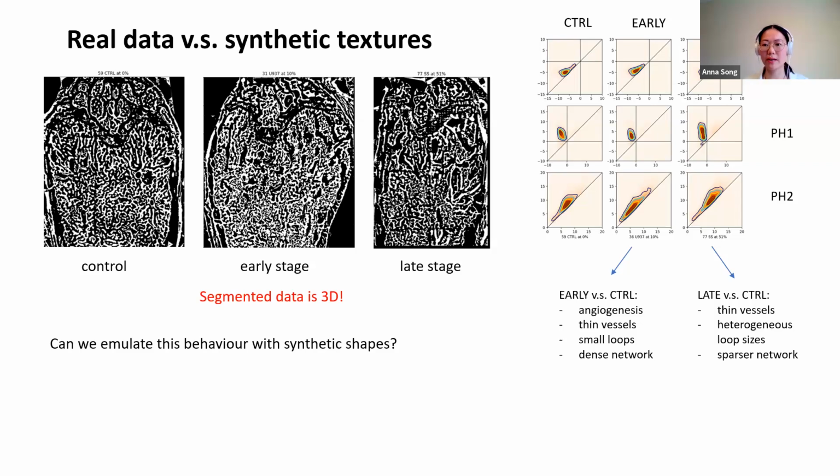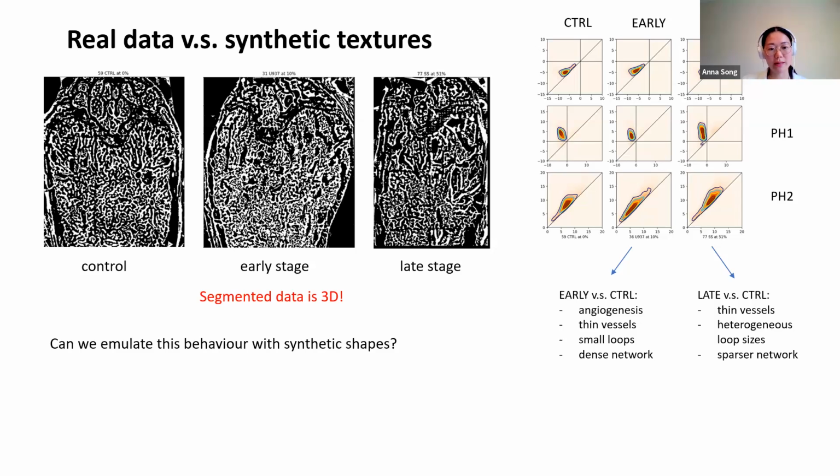And when you look at the diagrams, even if the differences are quite subtle, still you can extract some useful information. For instance, in the early stage, you have a lot of angiogenesis happening, so mostly thin vessels, small and dense loops. In the later stage, you still have thin vessels, but with much sparser networks. And importantly, you have also a more heterogeneous distribution of loop sizes across the network.